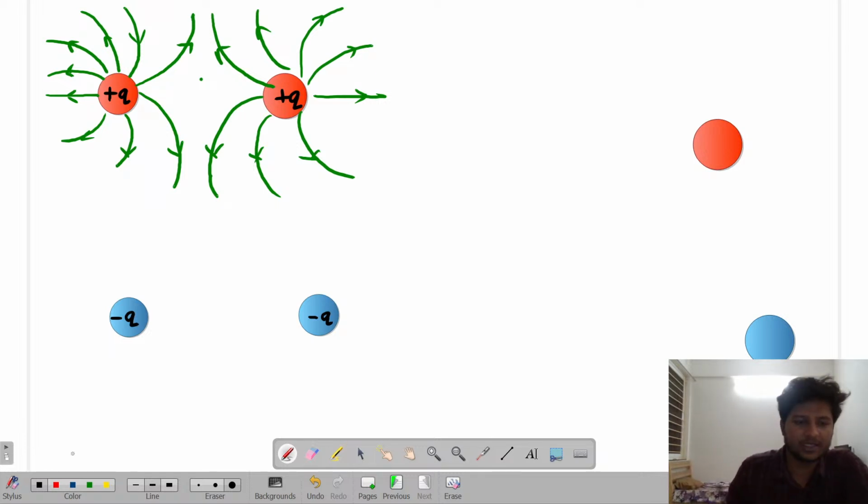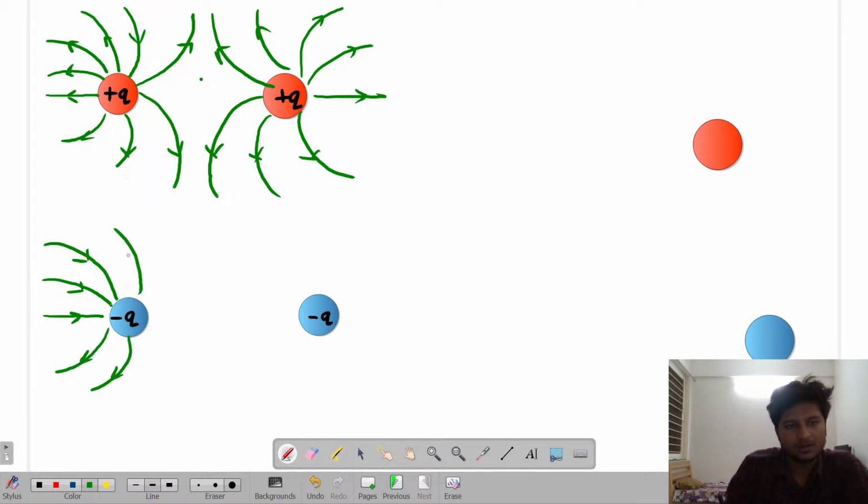Okay, so what will happen? The arrows will be pointing towards the charges. That means the arrows will start appearing this way because of repulsion. Repulsion is still there, isn't it? So that is why we can see that the field lines are diverging actually, isn't it? I'll draw the lines first, then I'll draw the arrow.